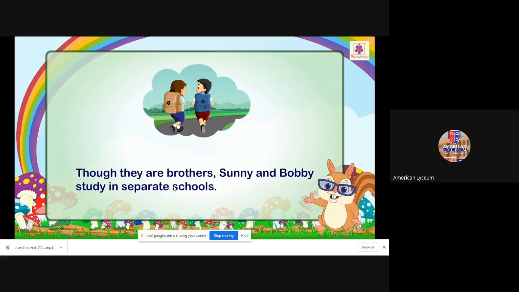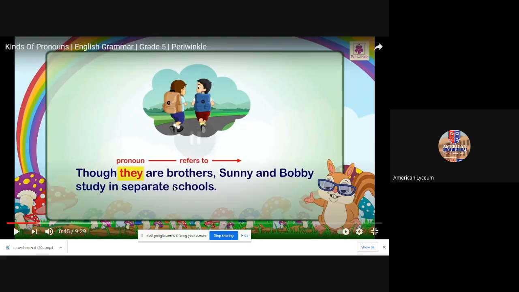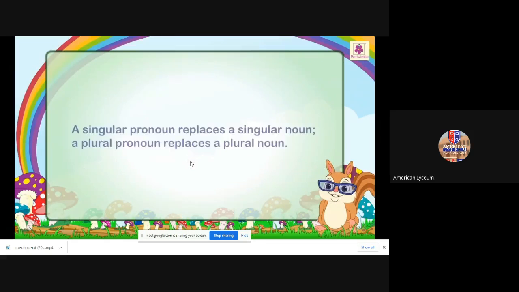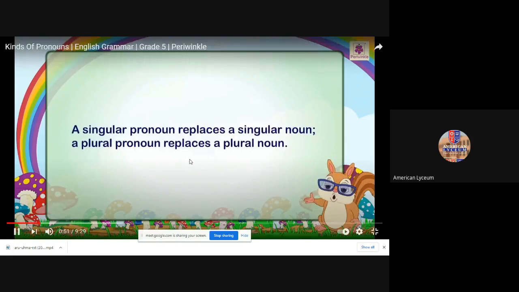Here, pronoun they refers to antecedent Sunny and Bobby. A singular pronoun replaces a singular noun. A plural pronoun replaces a plural noun. Okay, class, do you know what is singular and what is plural?